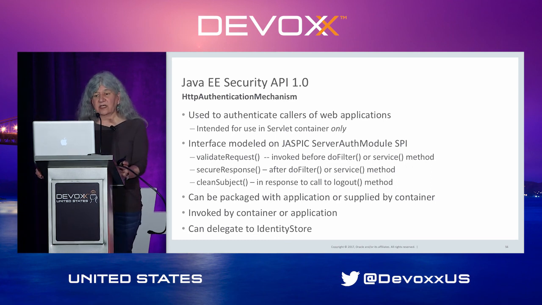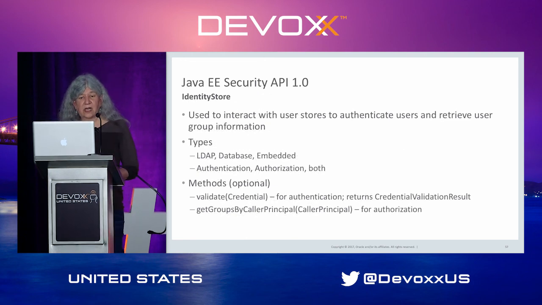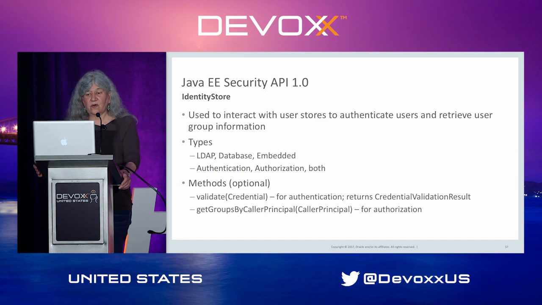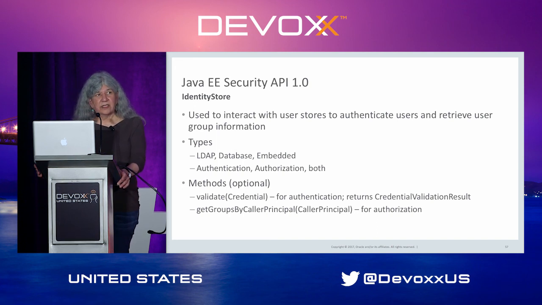The HTTP authentication mechanism itself can delegate to the new Identity Store API that's been added. And Identity Store has 2 purposes. It has methods for authentication, and it has methods for authorization. And it's optional which of these you implement. You can implement both. But the goal here is to interact with user stores for authentication information and group information.